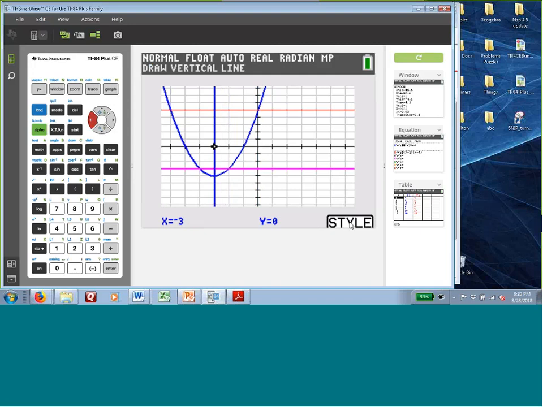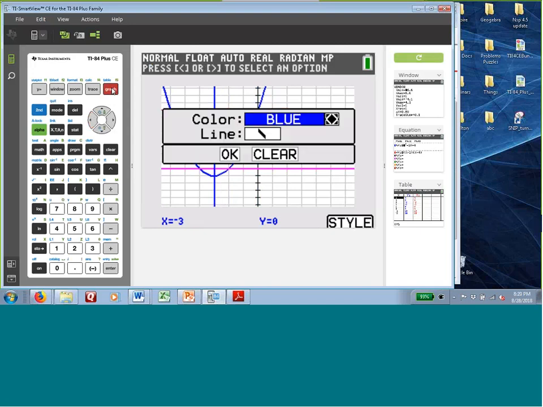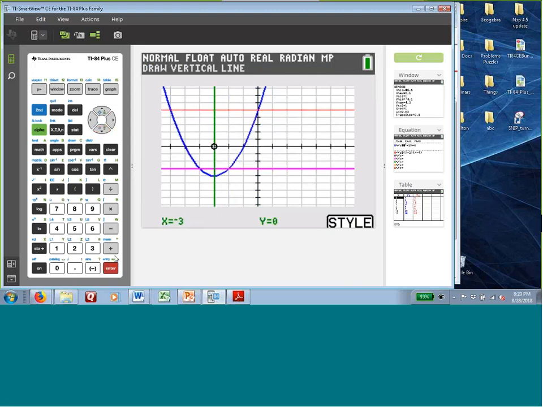And this style indicator is what is asking me to press my graph button, and I can change the color if I like. So doing this from the graphing screen really gives you a lot of power over it. And this part of the activity is going to, again, have students notice symmetry and notice what happens if you find the average of these x values. We can go back to our home screen.